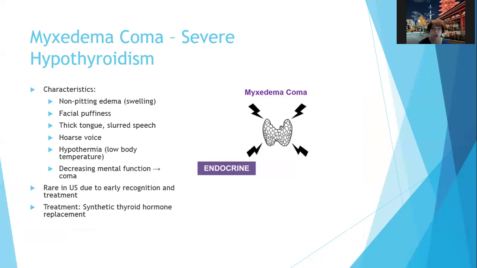It can be to the point of a coma. It's rare in the US due to early recognition and treatment, and it's treated with synthetic thyroid hormone replacement. I read this really interesting case study about a woman who had myxedema crisis, basically, and the pictures were outrageous. You should take a look at them sometime, but very interesting.